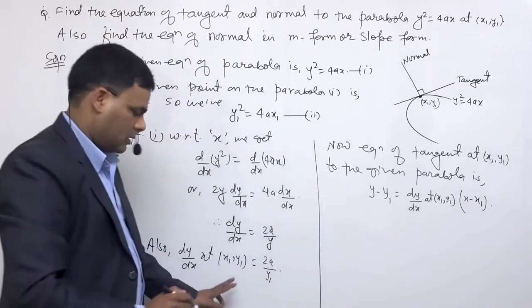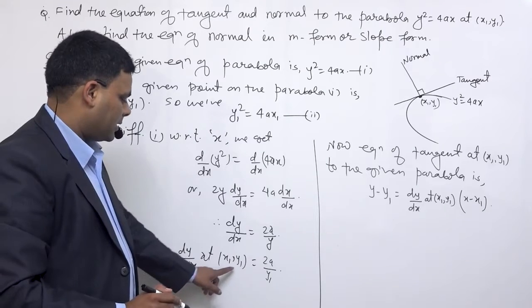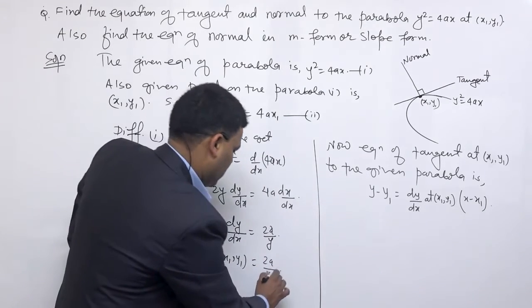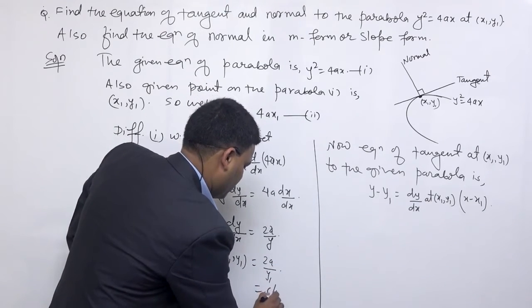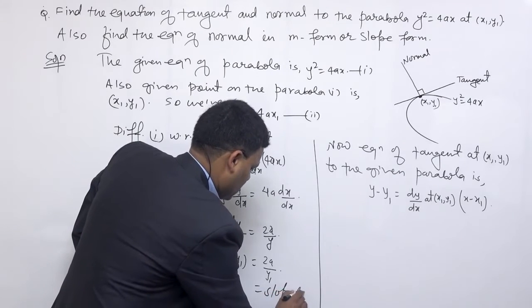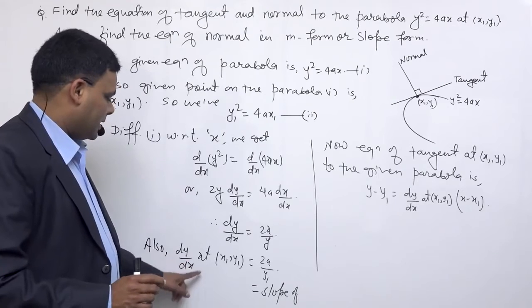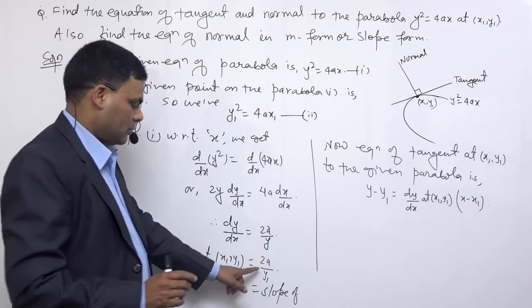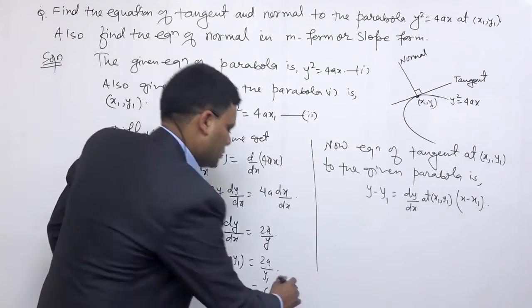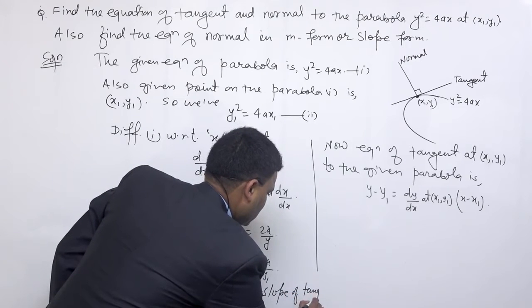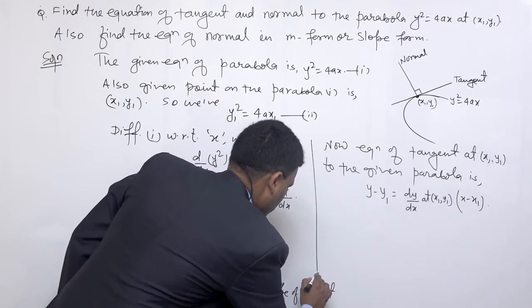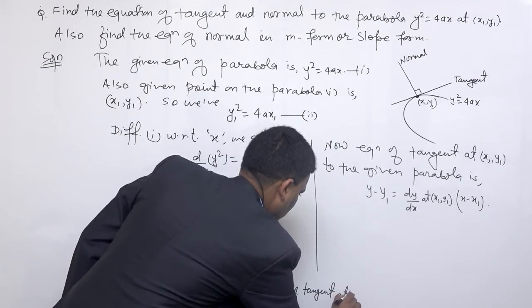Here also dy by dx at x1 y1 equals to 2a by y1 equals to slope of tangent at x1 y1.